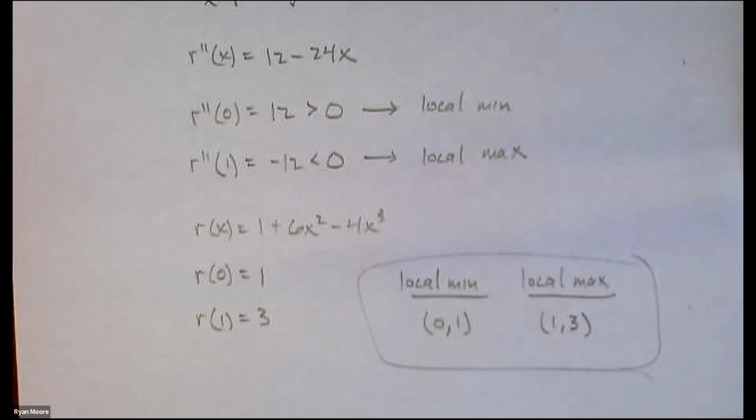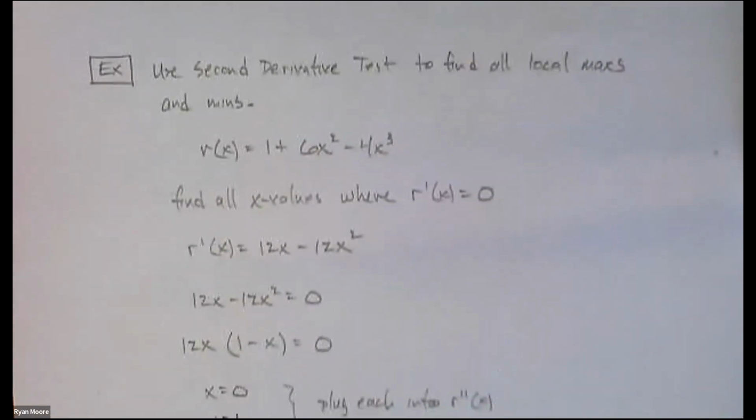In the end, the increasing, decreasing test is really the exact same test as the first derivative test. The first derivative test just takes it in a slightly different direction when you want to figure out your maxes and mins. The concavity test is identical to the increasing, decreasing test, just with the second derivative. The second derivative test is definitely its own animal.